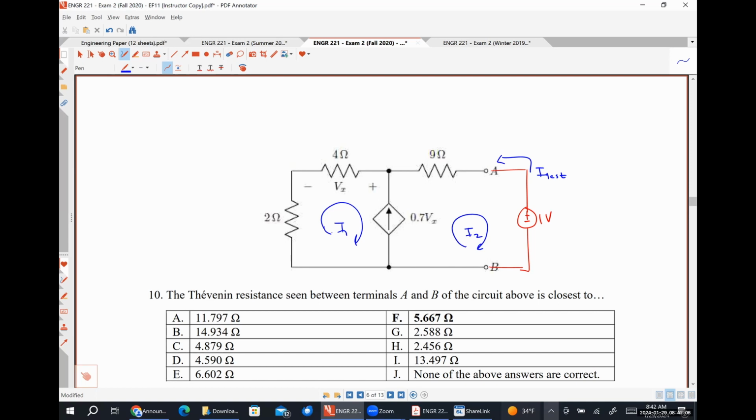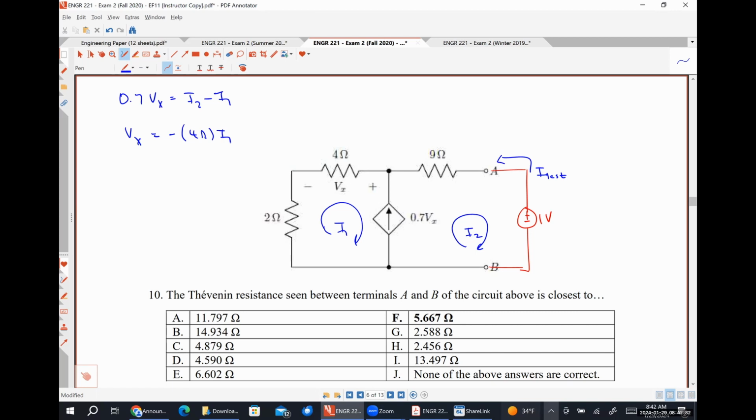So I can see that 0.7 Vx is equal to I2 minus I1. I can also see that Vx is equal to -4 ohms times I1.